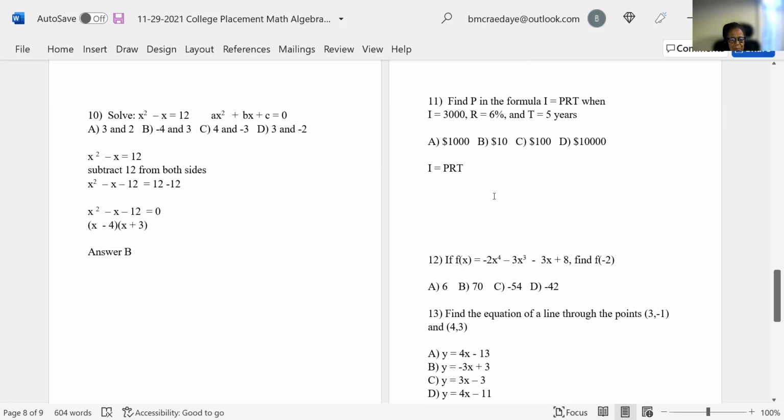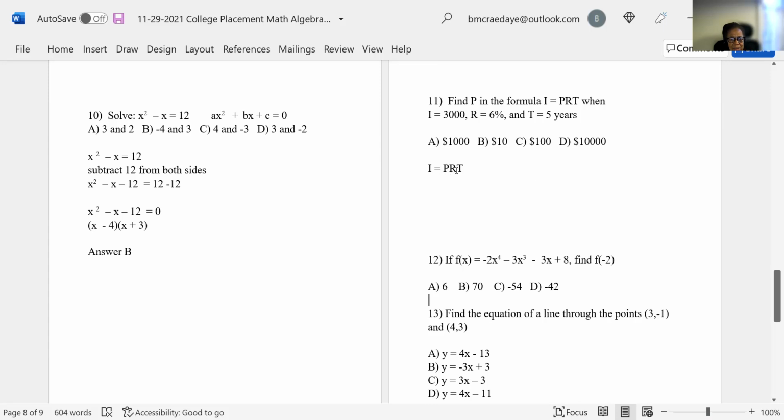I would say P equals the 3,000, which is a loan, right? No, don't put it in numbers yet. Just solve this equation, I equals PRT, for P. What would you do to both sides of the equation to get P equals something? Subtract from both sides?